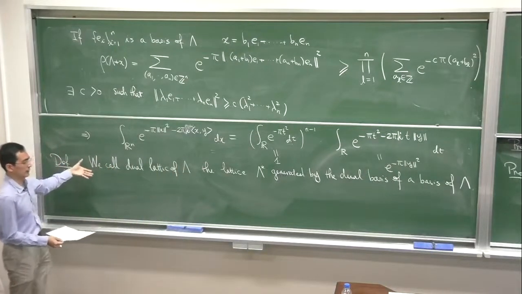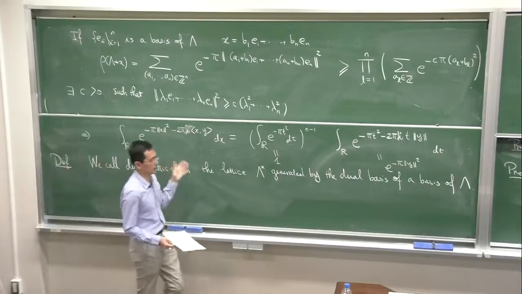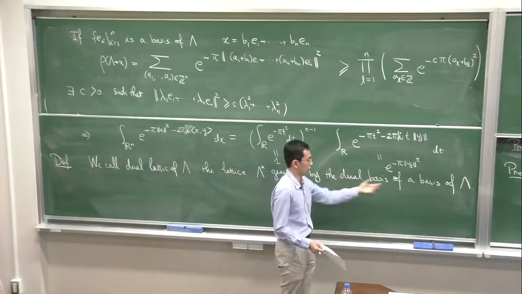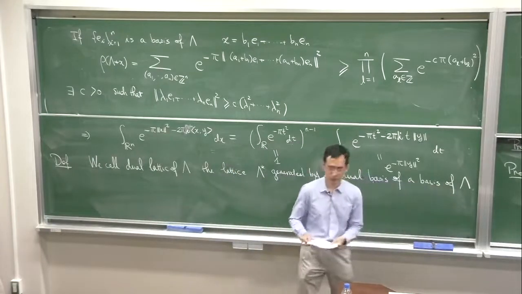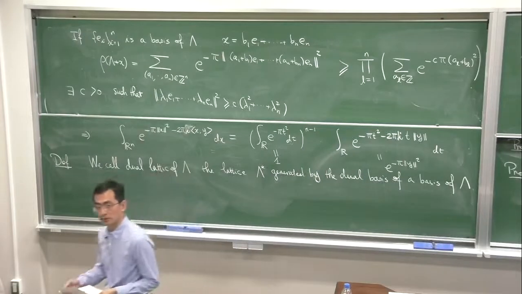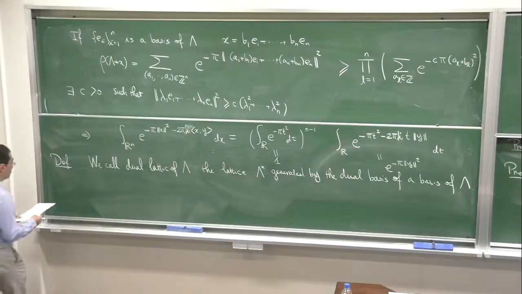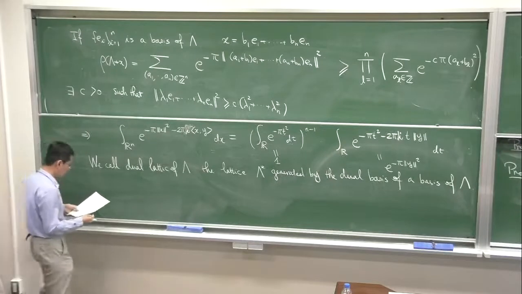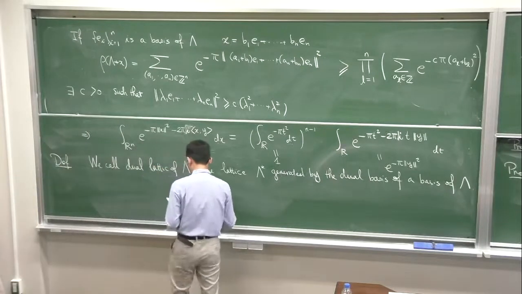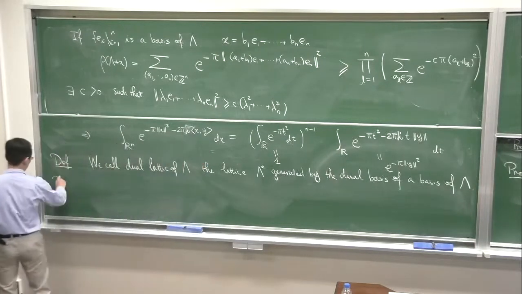You can try to prove as an exercise that the dual lattice will not depend on the choice of a basis of lambda. Of course the dual bases are not the same, but the lattice generated will be the same. So how to apply the Fourier analysis?